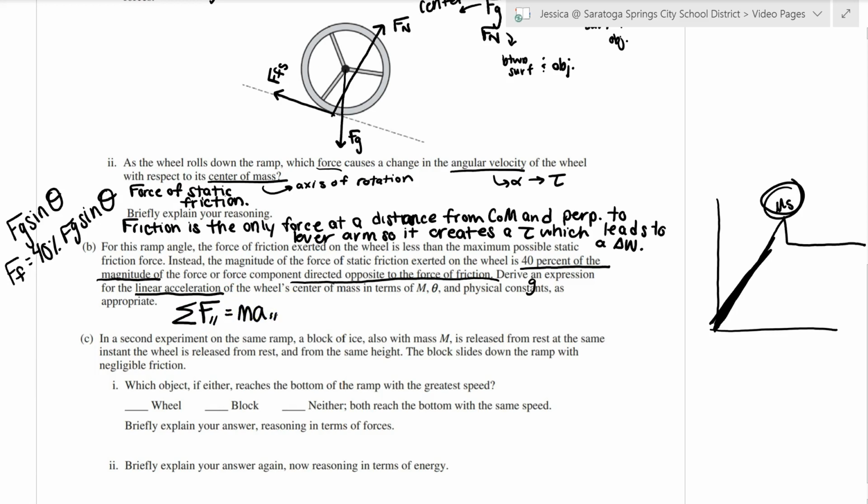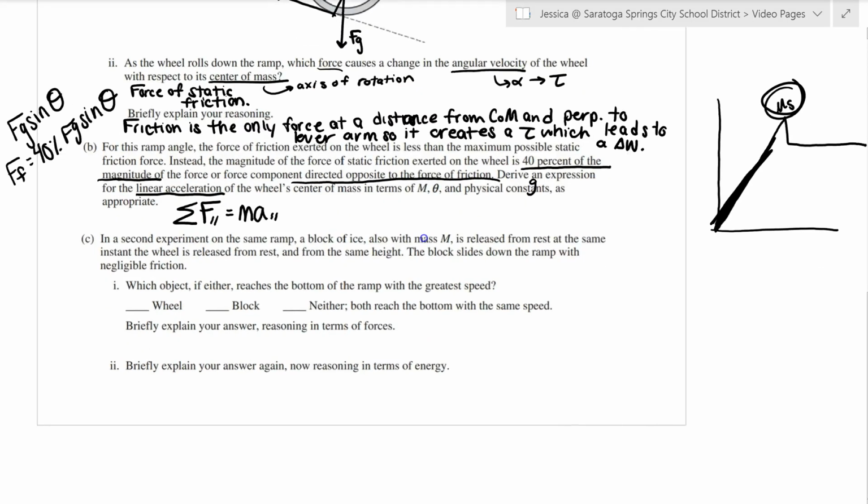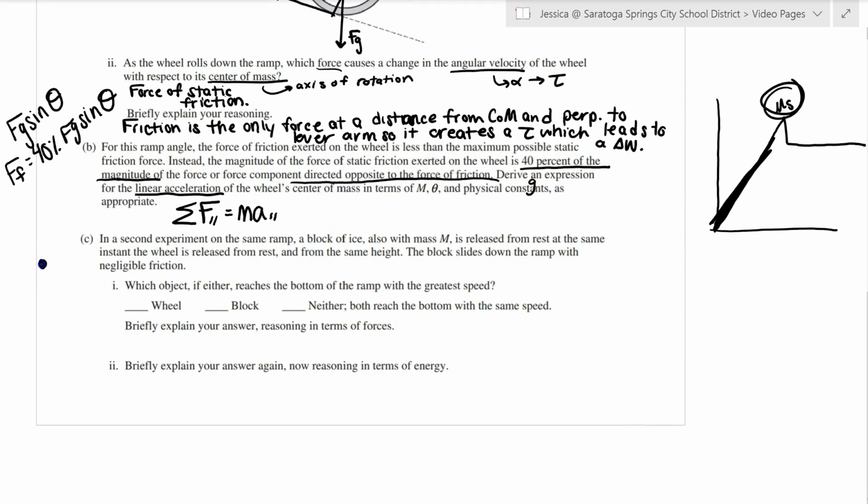Okay, so if I was to draw this free body diagram as a true free body diagram without worrying about where the forces are acting, I would have Fg pointing down, Ff pointing up the incline, and a normal force like that. But remember, Fg gets broken into components.